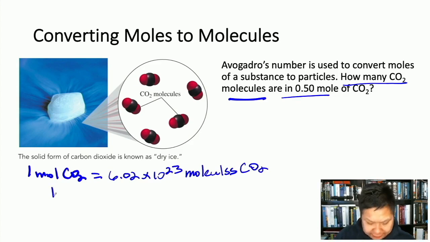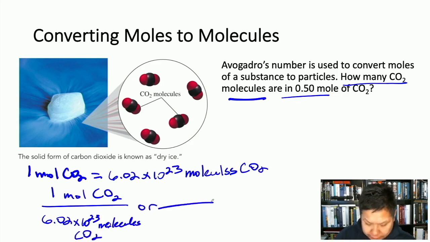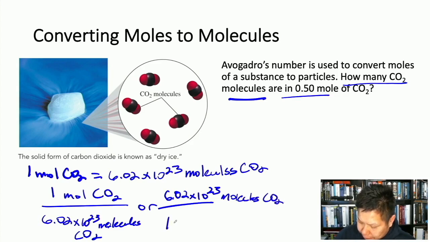In dimensional analysis, it can either be 1 mole of CO2 is equal to 6.02 times 10 to the 23rd molecules of CO2, or you can use the ratio or conversion factor of 6.02 times 10 to the 23rd molecules of CO2 equals 1 mole of CO2, right?